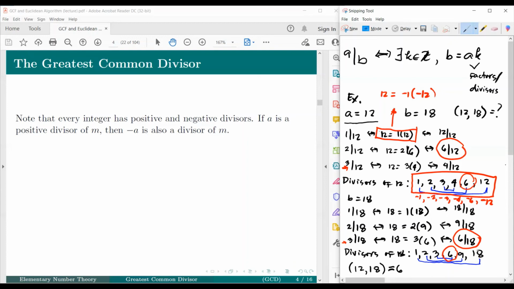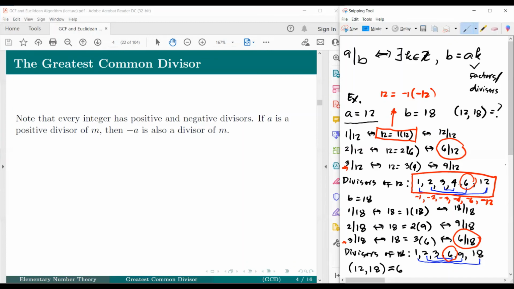But notice that we only consider positive divisors here, because our goal is to find the greatest common divisor, right? If we consider negative values, we will get the positive one, because if negative 6 is a divisor of 12, so is 6.